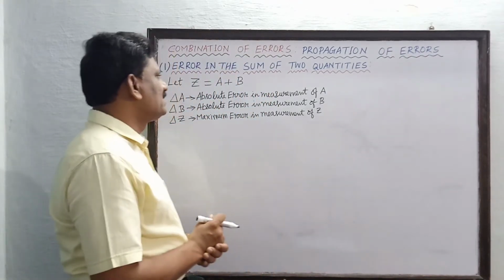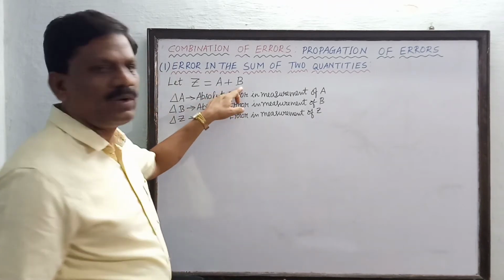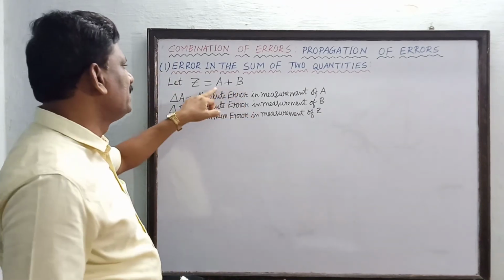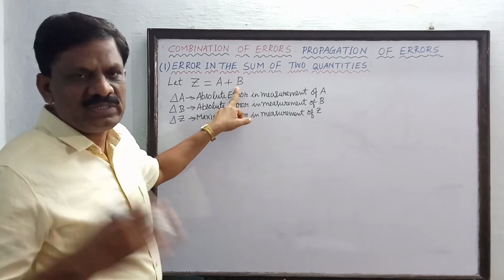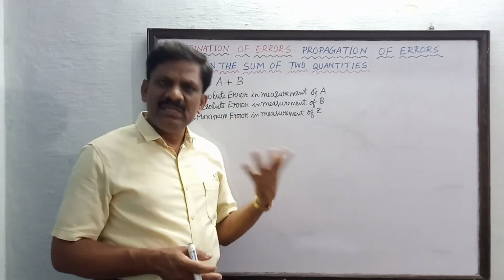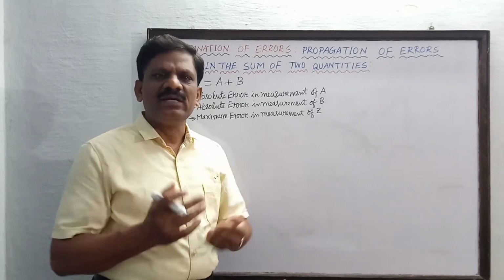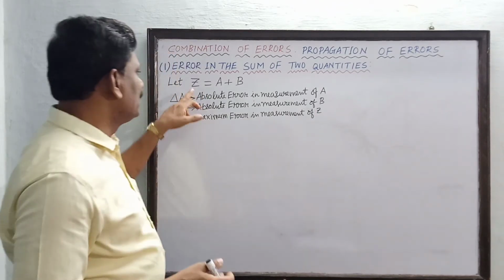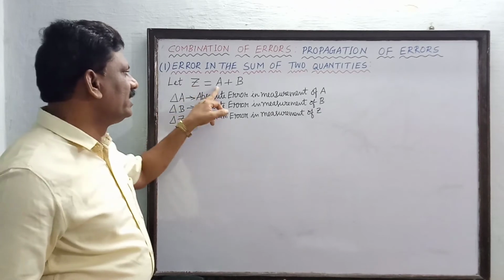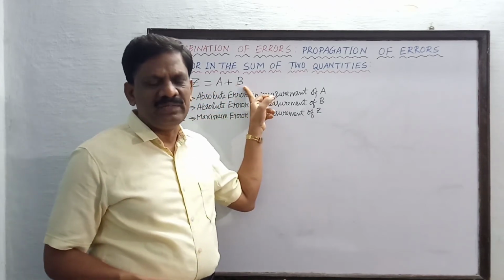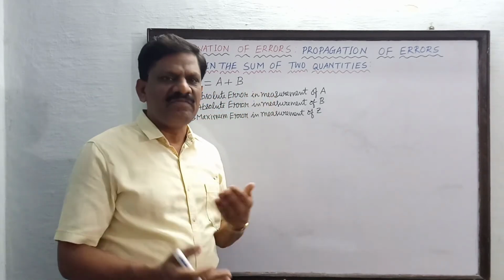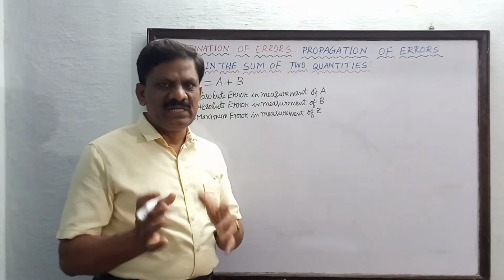For that, let us take the two individual physical quantities which we are going to measure, A and B. A is some physical quantity, B is another physical quantity. When I add these two, that is equal to some other physical quantity, Z. So Z is equal to the sum of A and B. When I do measurement of A, what is the absolute error?